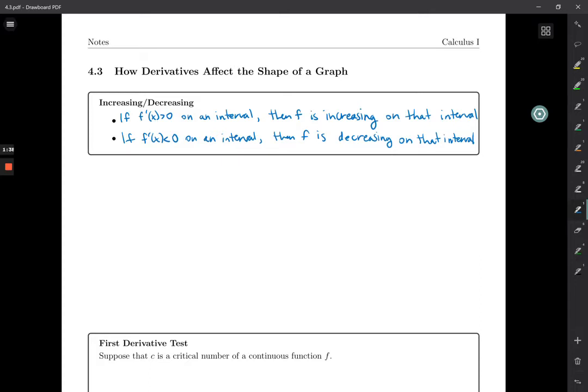And so what we're going to do is use this fact on an example where we try to figure out where this function is increasing or decreasing. So suppose we have a function f, and we want to figure out where it is increasing or decreasing.